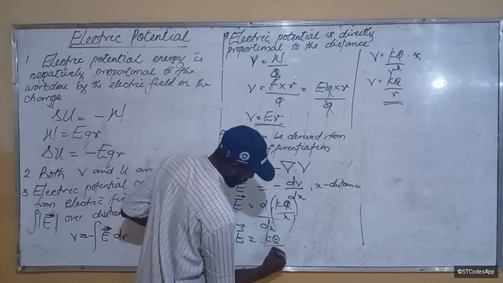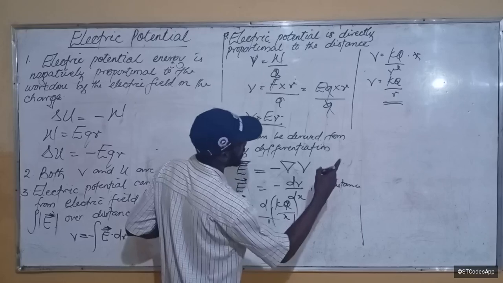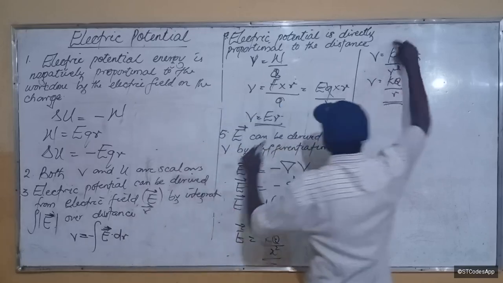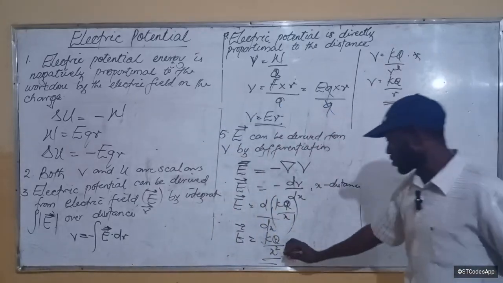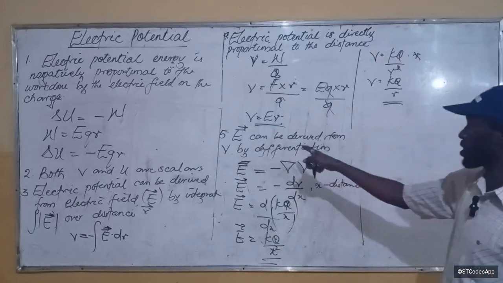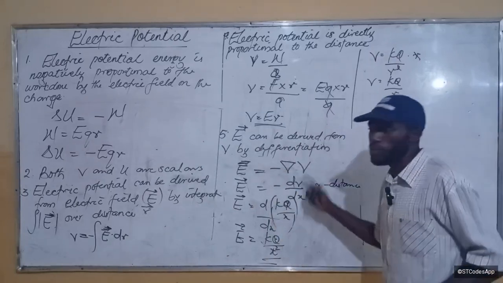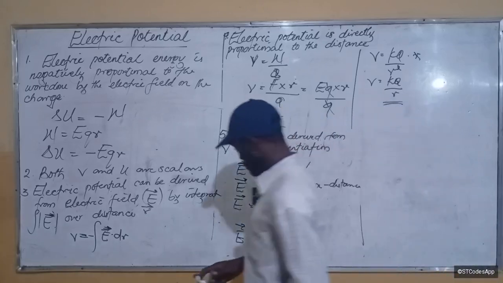That is kq over x squared, which is exactly what we brought here. Do you understand now? So you see, you can get electric field by differentiating electric potential.